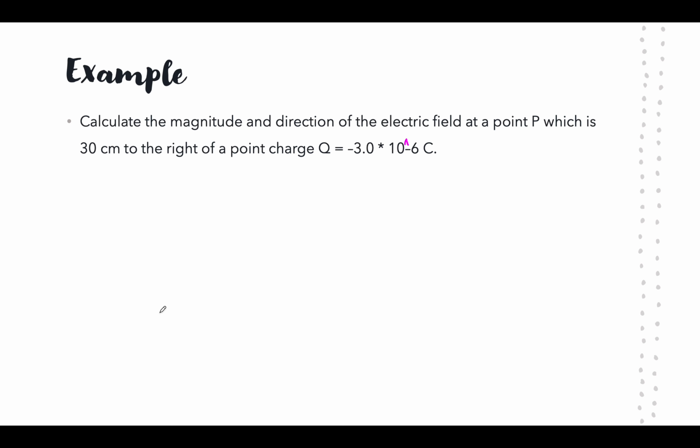All right, welcome back. Well, in this example, here we have a charge Q, which is -3 microcoulombs. And at 30 centimeters to the right, there's the point P, right?